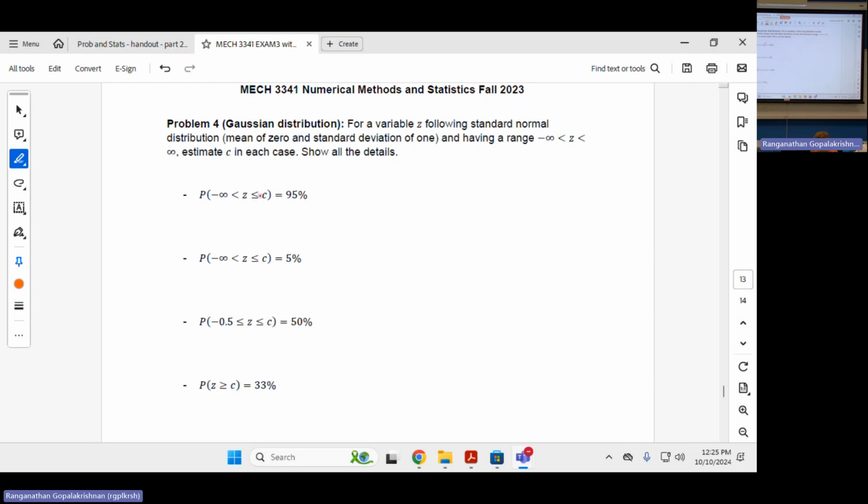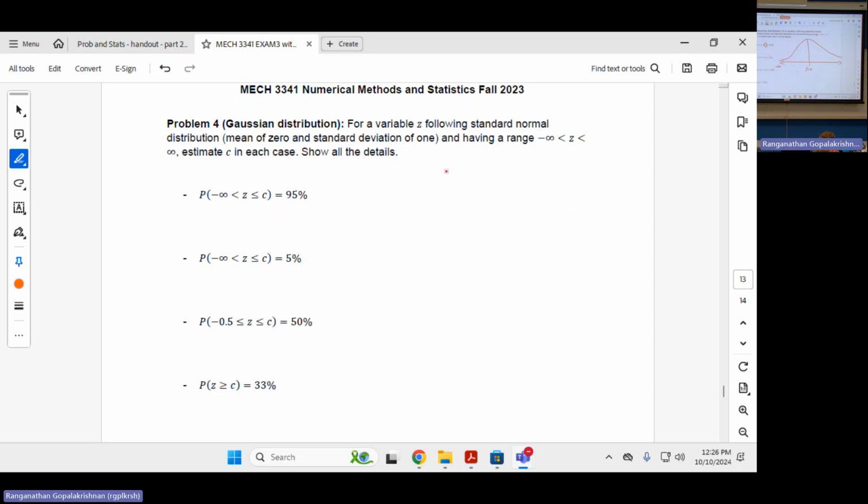So you need to solve for C. What value of C will get you a 95% probability? If I write minus infinity to C, and let's say here is Z equal to 0, here is the bell curve.